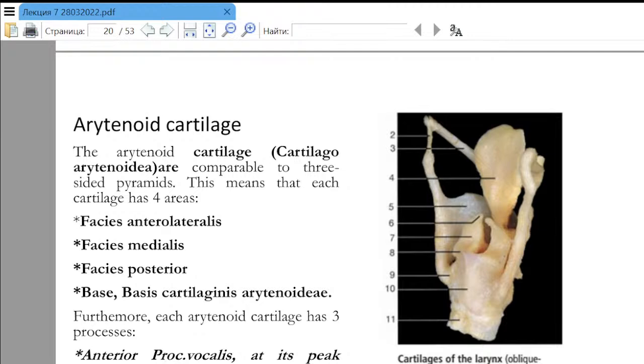The arytenoid cartilages, cartilago arytenoidea, are comparable to three-sided pyramids. This means that each cartilage has 4 areas: facies anterolateralis, and you see this is facies posterior.